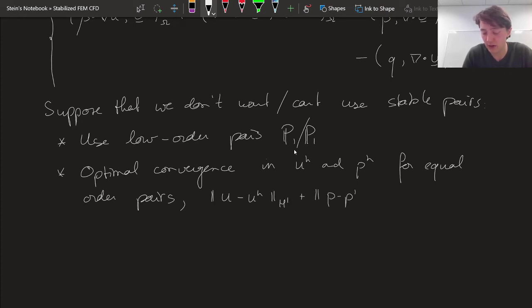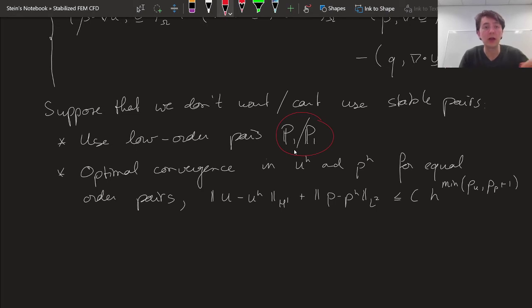H1, and that was bound by some constant times h to the power of the minimum of the polynomial orders, but the difference between PU and PP. I suppose that we want to use equal order interpolation for U and P, such that, well, this would be one of the examples thereof, right? P1, P1. But we want to be optimal both in terms of U and in terms of P.